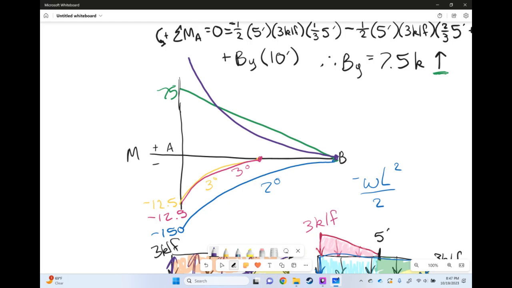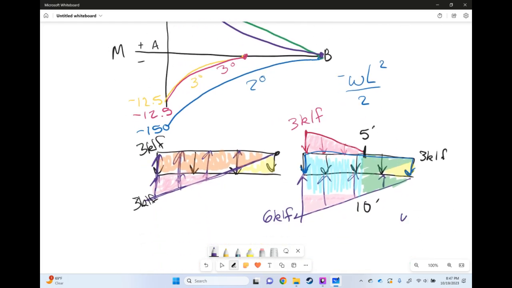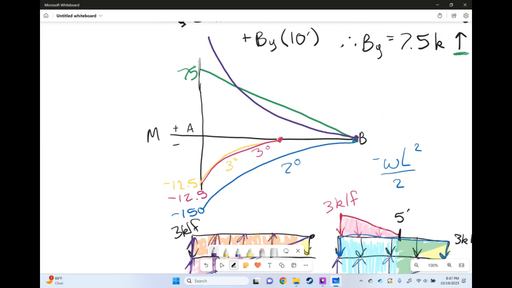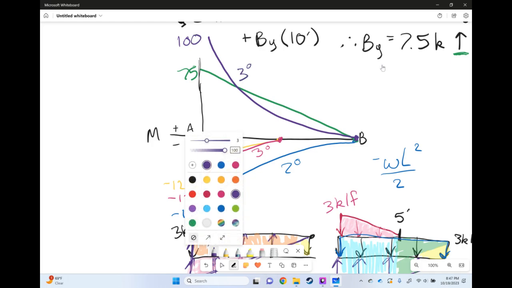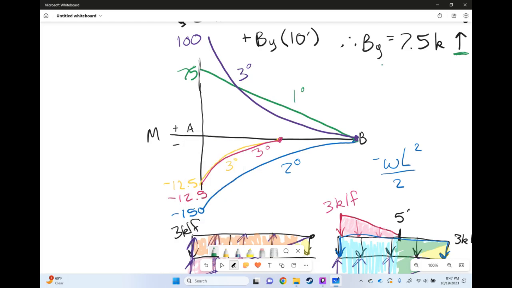So he's a cubic going all the way up to W L squared over 6. W is 6, 6 over 6 times L squared, so that's going to be at 100. And he again is a 3rd degree. Kind of forgot to label our one green curve. He was a 1 degree.